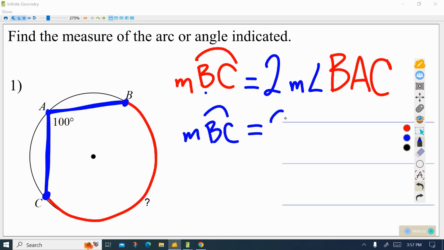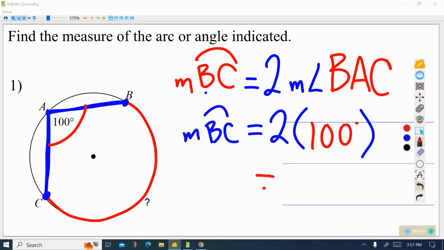So double the measure of angle BAC. Well, what's the measure of angle BAC? The measure of angle BAC is 100. So I have to do 2 times 100, and 2 times 100 is 200. So we have the measure of arc BC as 200.